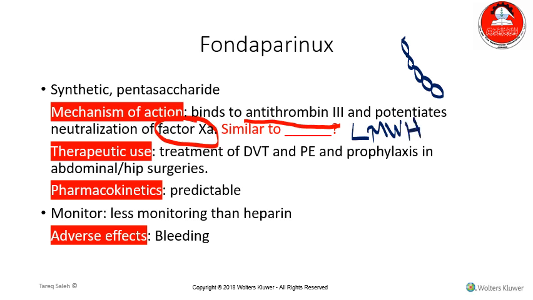Fondaparinux is definitely used for the treatment of deep venous thrombosis and pulmonary embolism, and also can be given for the prophylaxis against these conditions in patients undergoing major abdominal or orthopedic surgeries.